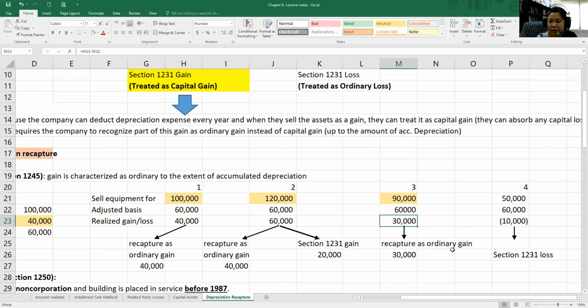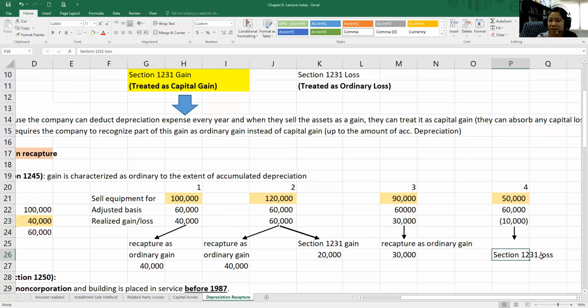Okay, and then number four: if you sell the asset for 50,000, in this case you have a loss of 10,000, and this is a section 1231 loss. Now when we sell section 1231 assets at a loss, remember we don't need to recapture any depreciation.